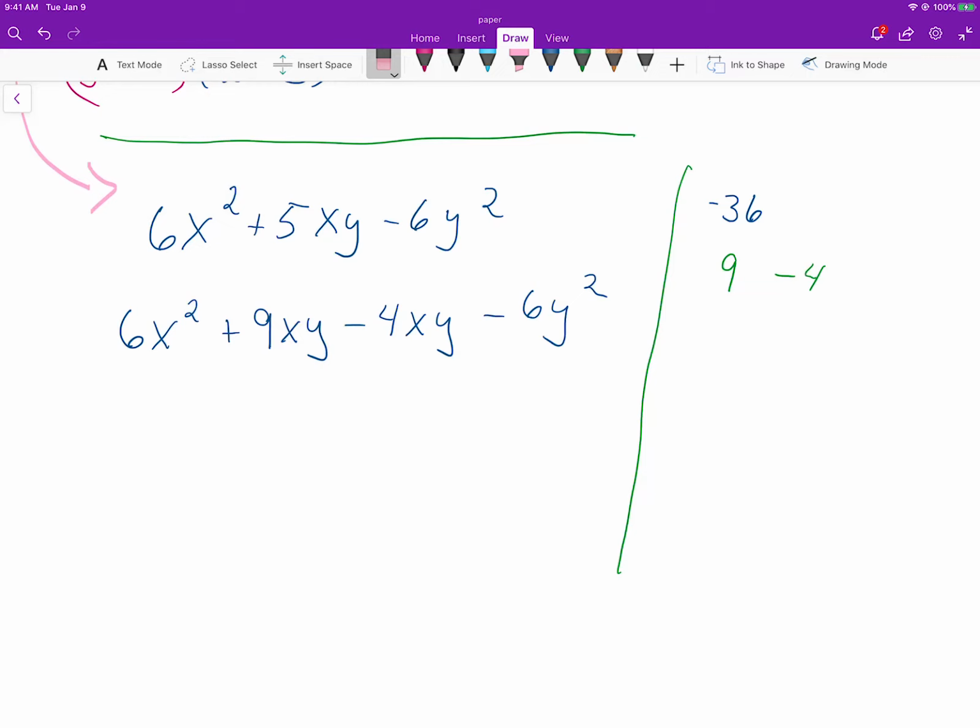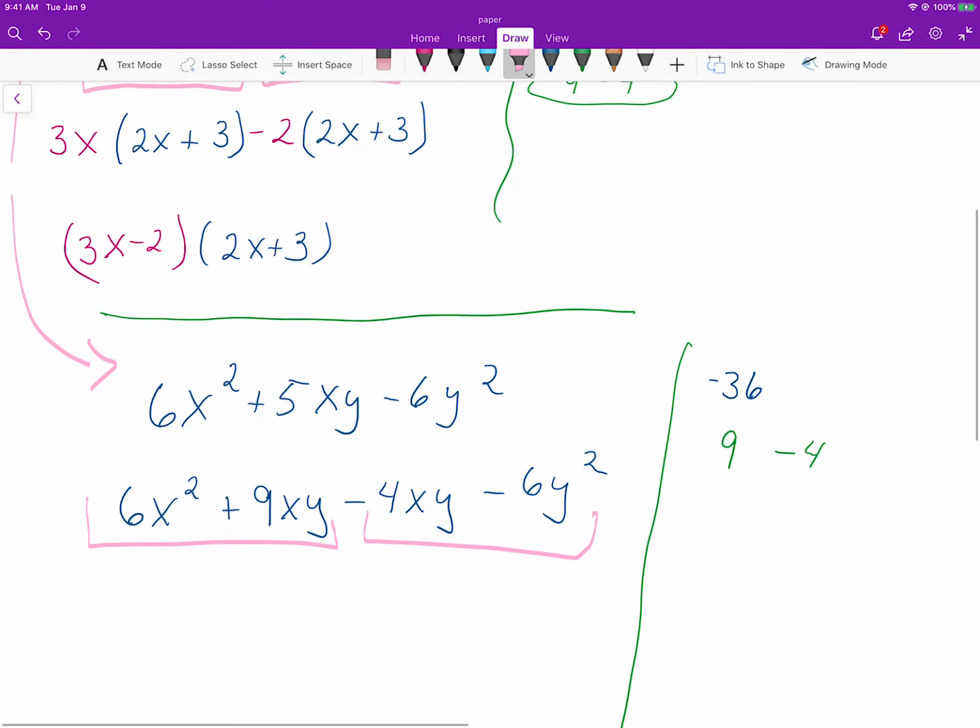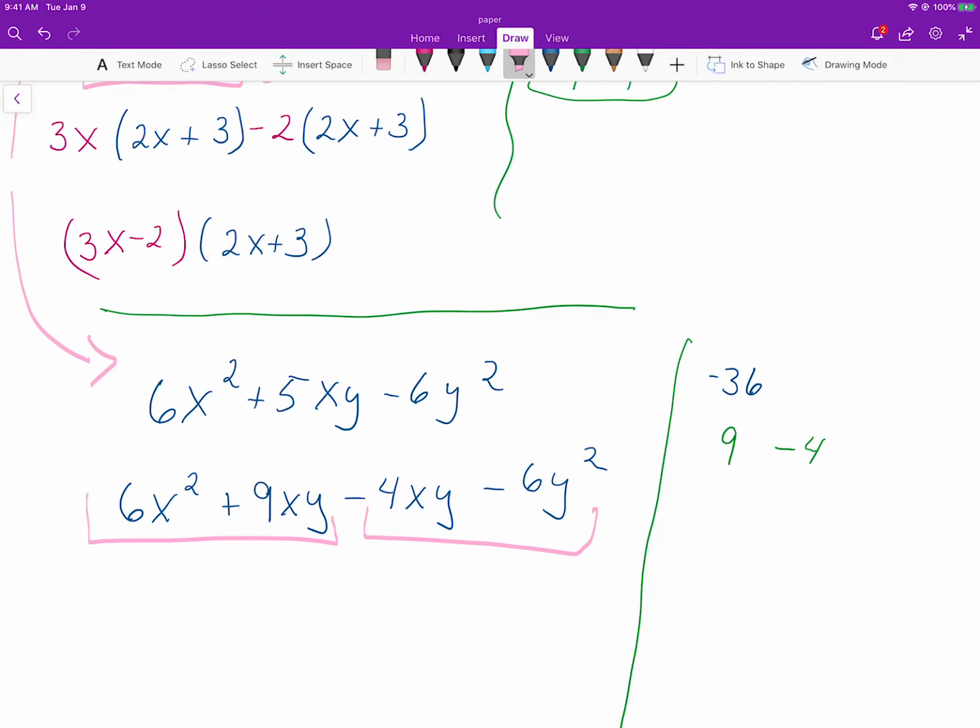Now we have 4 terms, and we're going to look for the greatest common factor of the first 2 terms, the greatest common factor of the second 2 terms, and factor this by grouping just like we did before. I'm referencing the problem we did before just so we can relate it. And if we look at the first 2, we're looking for the greatest common factor. We can see that the greatest common factor of 6x squared and 9xy will be 3x.